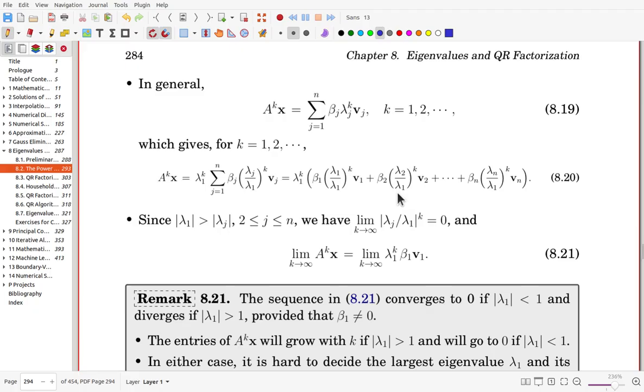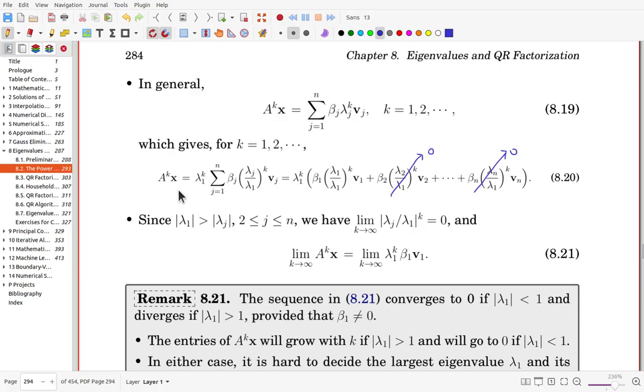Precisely one eigenvalue is strictly larger than any other eigenvalue. That's our assumption, so these ratios are smaller than 1 in modulus, so as k increases, they will approach 0. So every such term will approach 0.